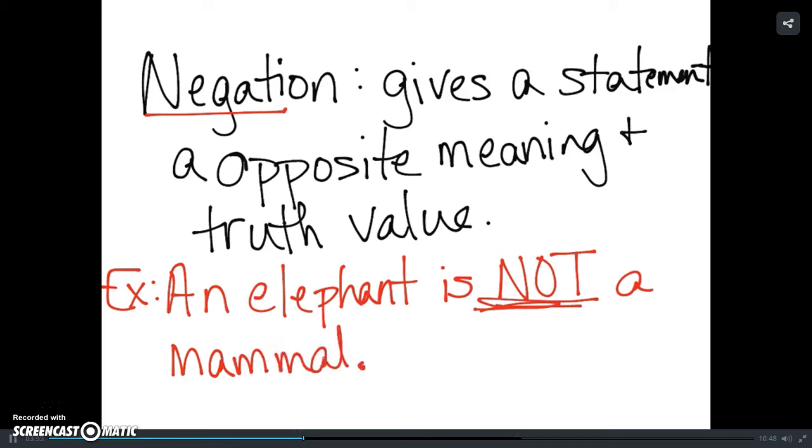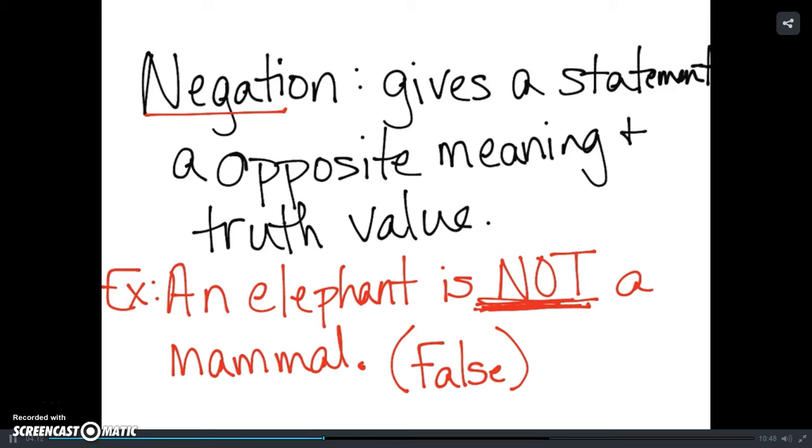You'll notice we've added the word not in here, and guess what? This is also going to change our truth value, because now this is a false statement, because elephants still are mammals.